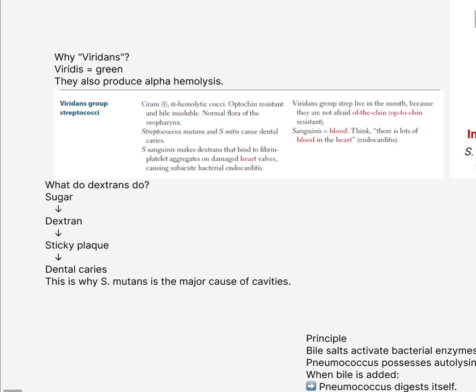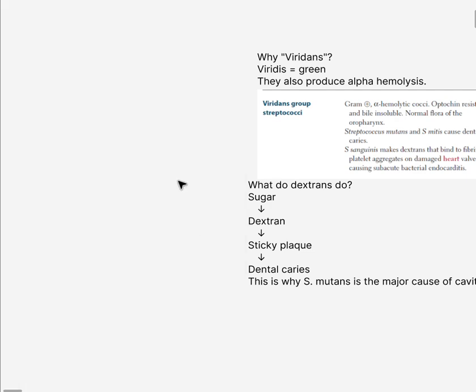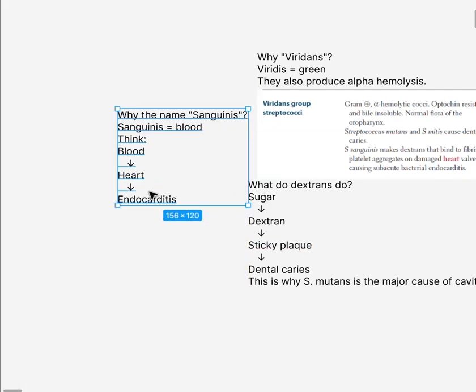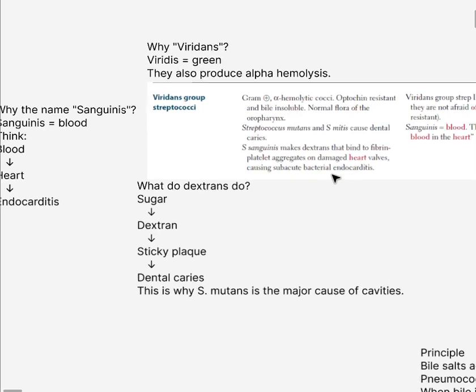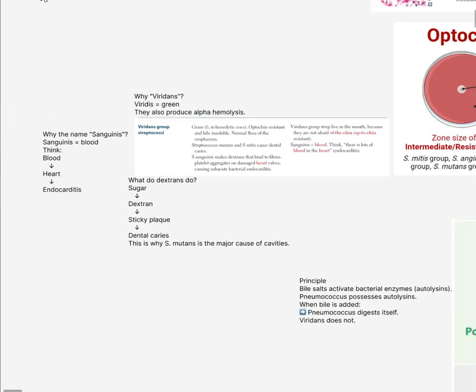This causes subacute bacterial endocarditis. It develops slowly over weeks. And why is it called sanguinis? Because sanguinis means blood. So think blood, heart, endocarditis. That's your sanguinis, causing subacute bacterial endocarditis. That's it for the viridans.